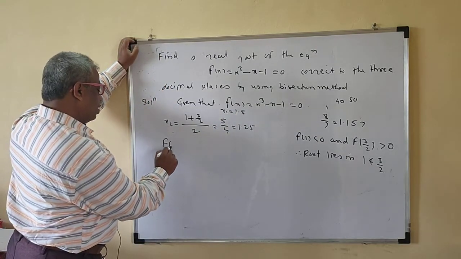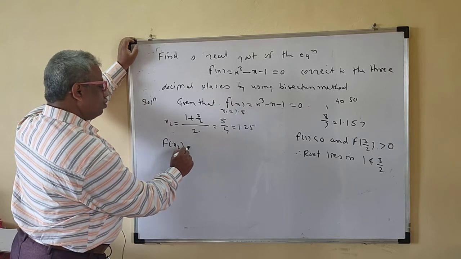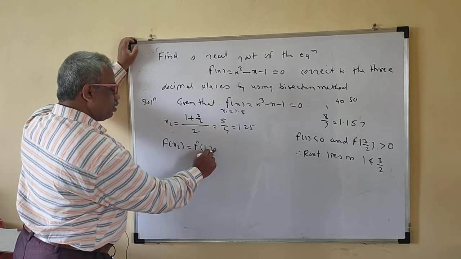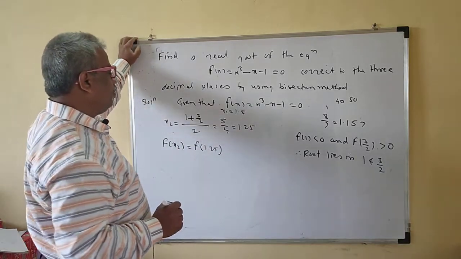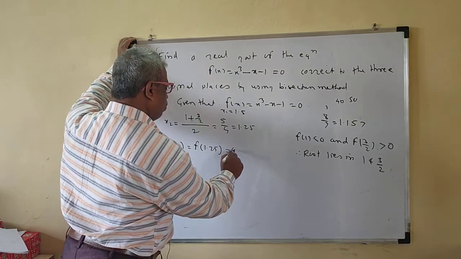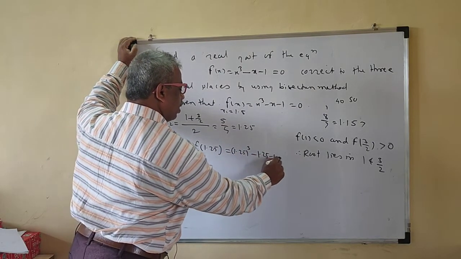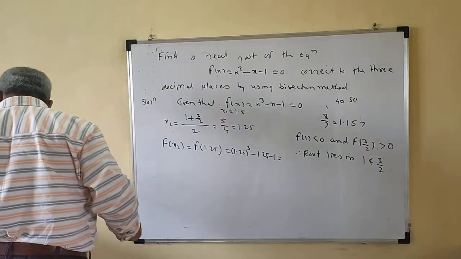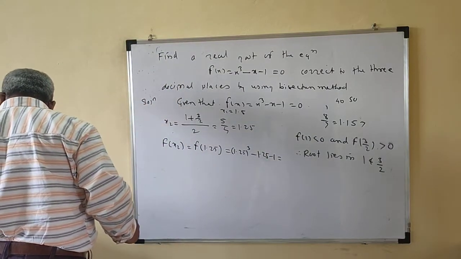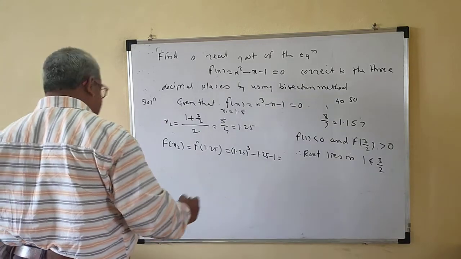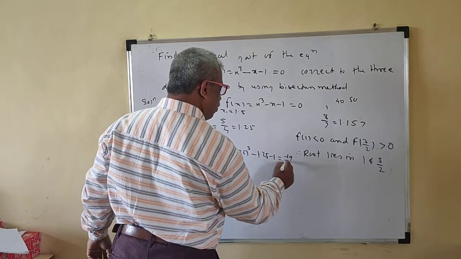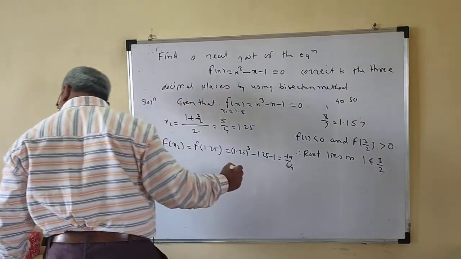Now we'll find f of x2, that is f of 1.25. So this is 1.25 cube minus 1.25 minus 1. I will take the value of this as minus 19 by 64.